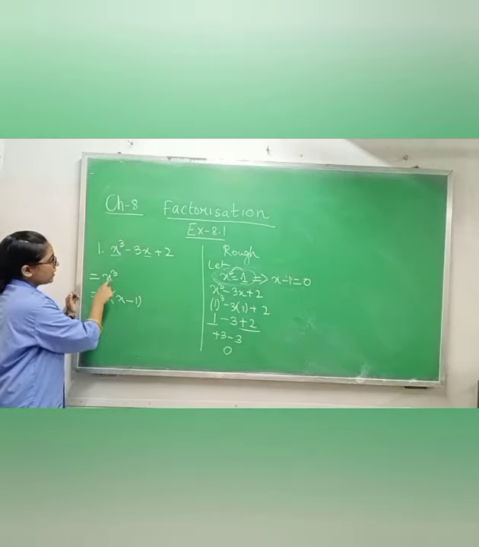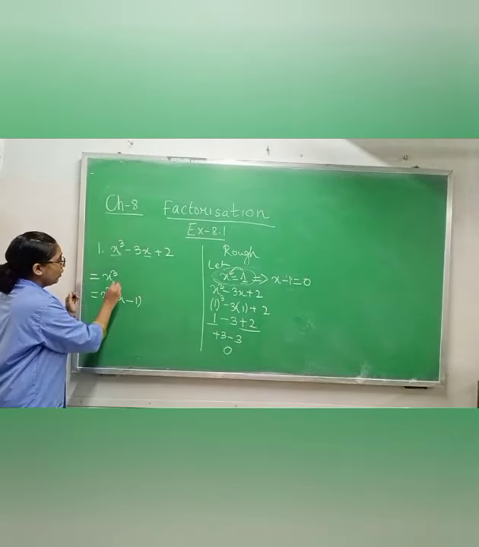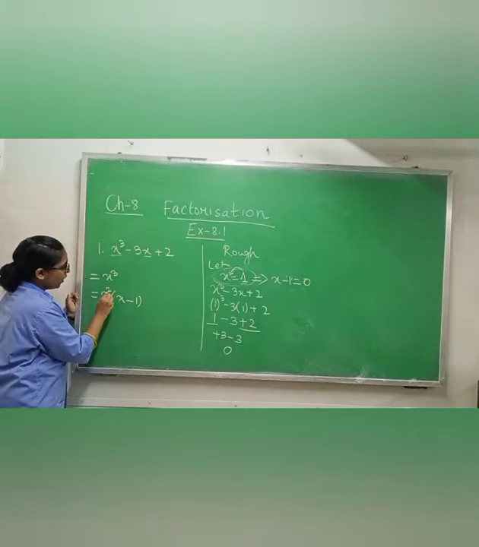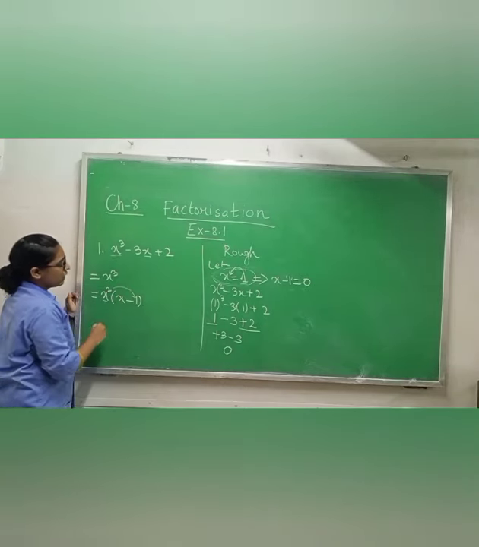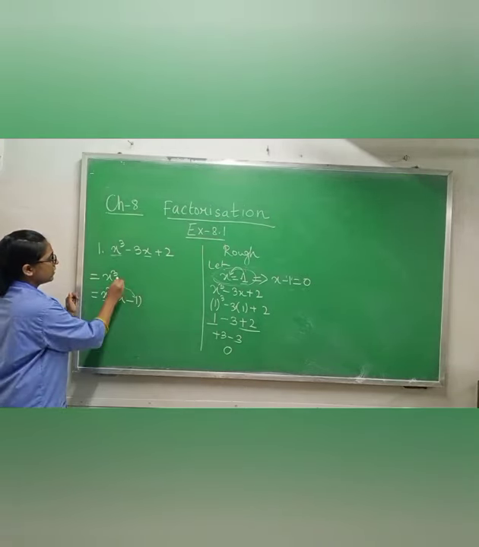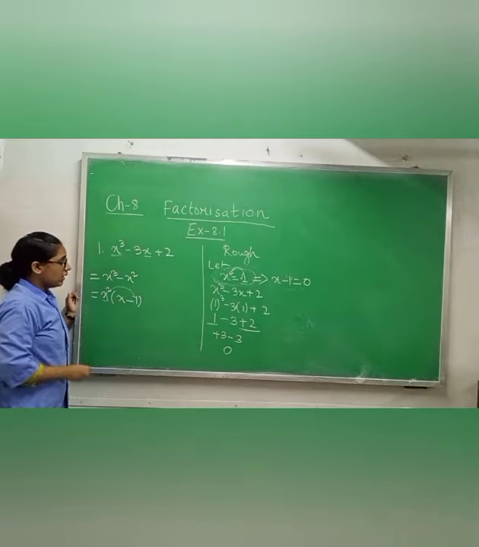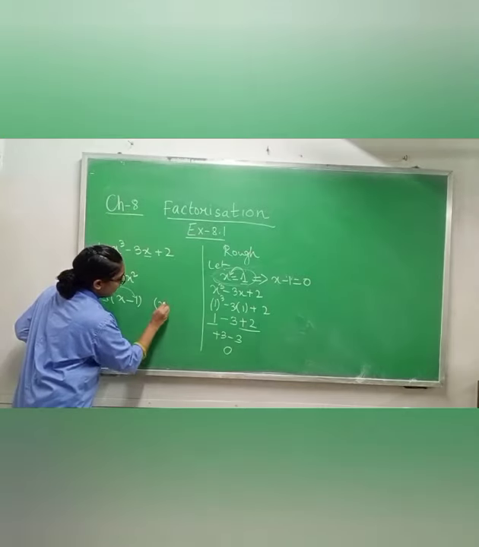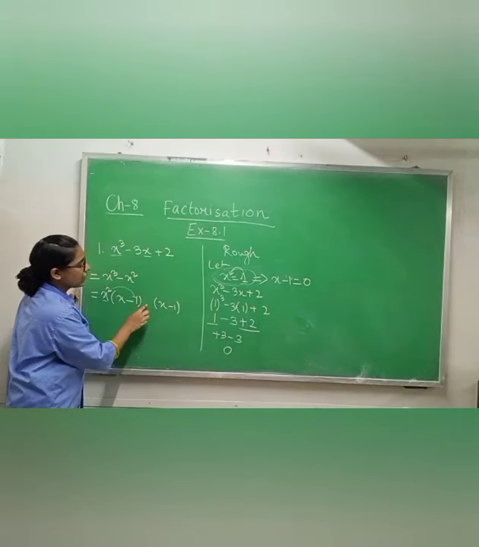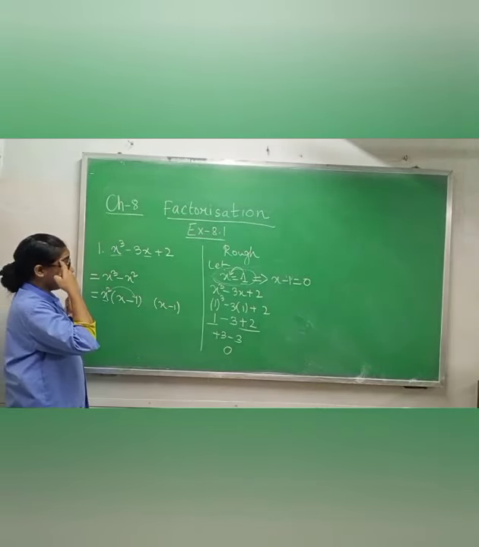X square into x gives x cube. Now this x square also multiplies with the minus 1, so minus x square into 1 gives minus x square. Again you will write x minus 1 and leave some place here. Now what will you put here?